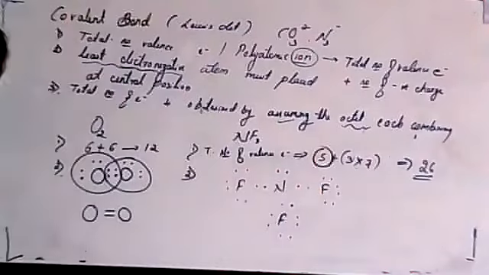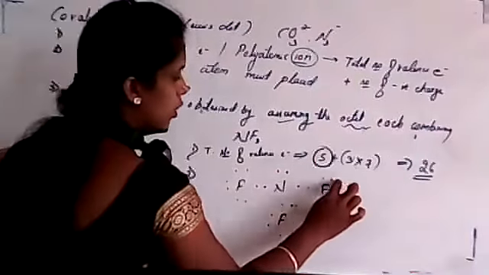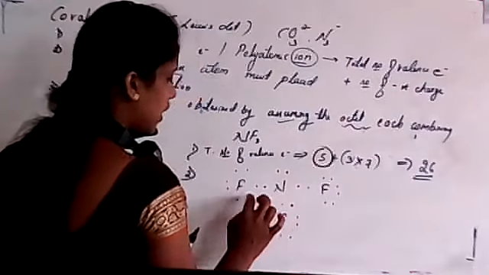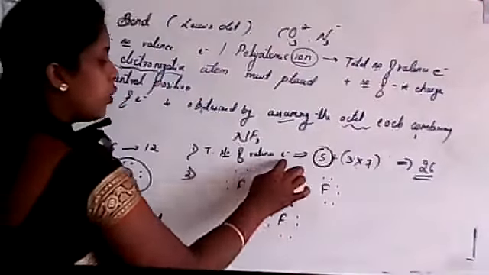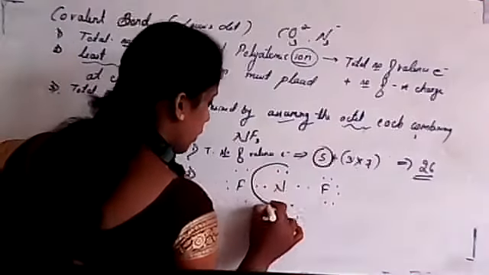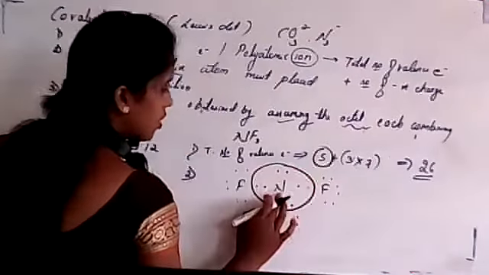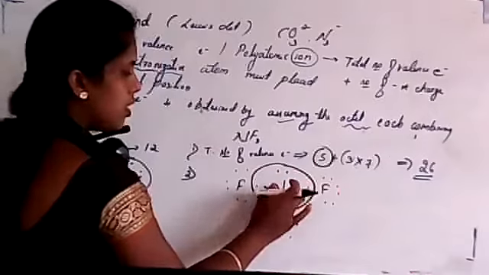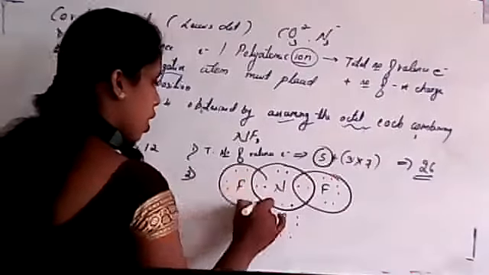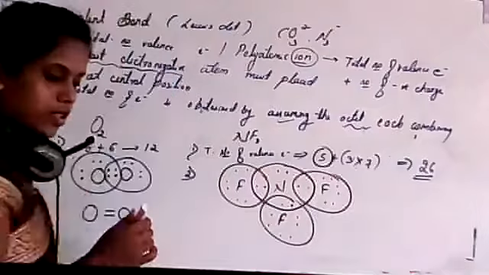Is this okay? Total number of electrons: 1, 2, 3, up to 20, 22, 24, 26. And if I consider only this much, it attained the octet configuration. Again, if I consider this one, it is again an octet. Octet and octet.